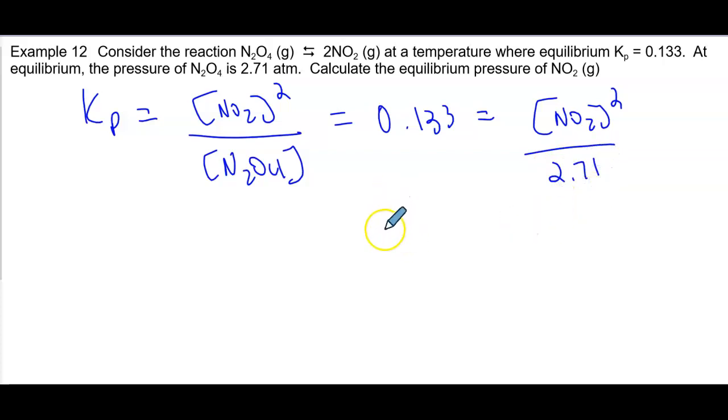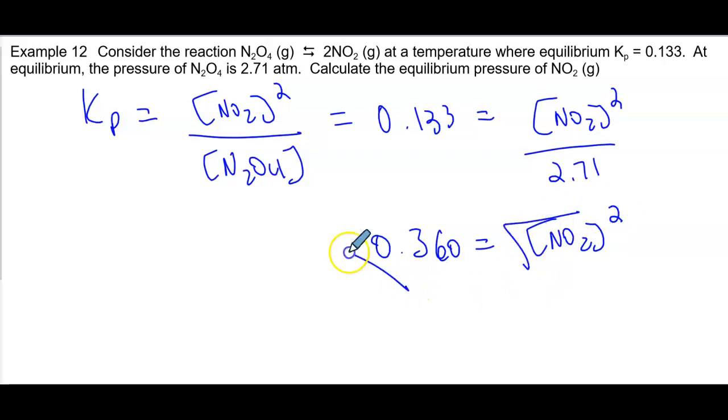So now I'm going to solve this by multiplying these two numbers. So 0.133 times 2.71, and I get on my calculator 0.360 equals NO2 squared. So I'm going to take the square root of both sides.